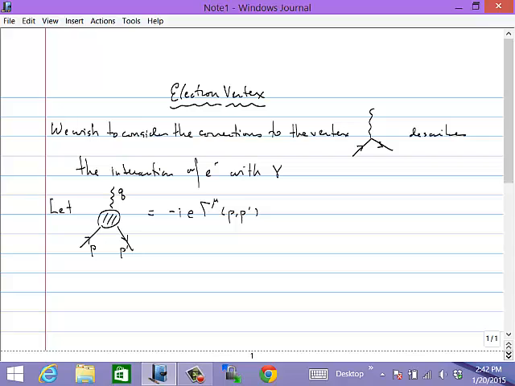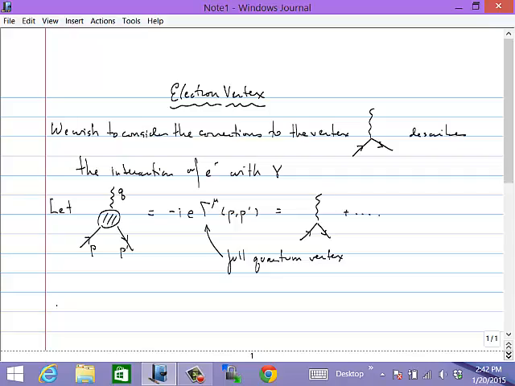I'll call it minus iε times capital Gamma, where capital Gamma is going to describe all possible quantum corrections to the electron-photon interaction. Okay. So this is the full quantum vertex describing all possible loop corrections to that three-point function.